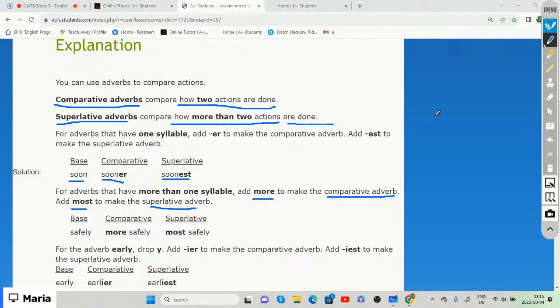And a superlative adverb shows how more than two actions are done. So we use more for comparative adverbs and most to make superlative adverbs, but that is only when our adverb has more than one syllable.